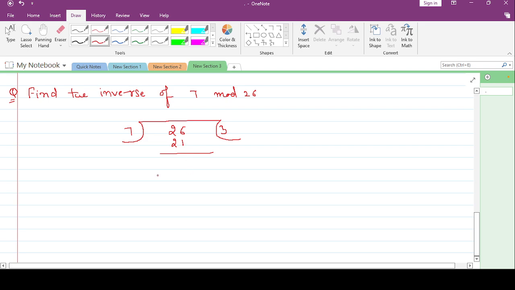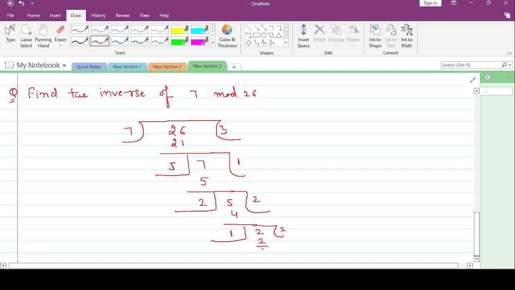It is 5, and your previous divisor now becomes the dividend. So 5 ones are 5. 7 minus 5 is 2, and here you write 5. So 2 twos are 4, here you write 1, and the previous divisor now becomes the dividend. So 1 into 2 is 2.